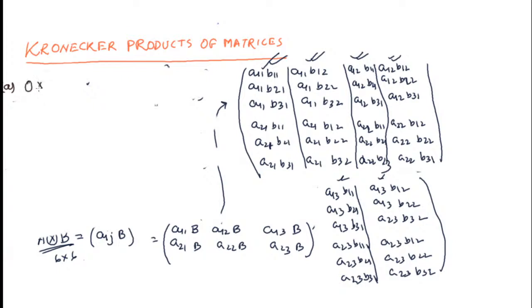Zero in the Kronecker product: 0 is a null matrix. This gives a null matrix. You can check this property.